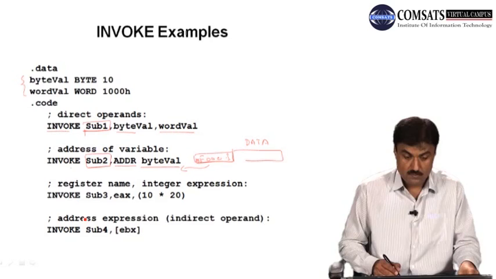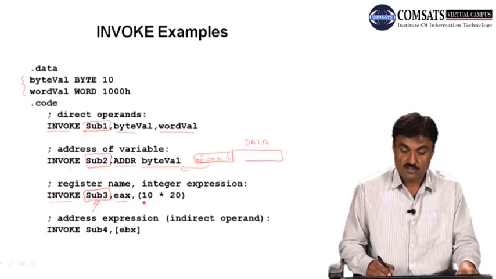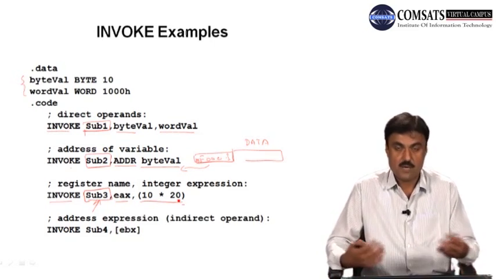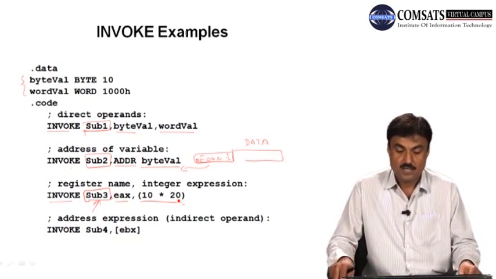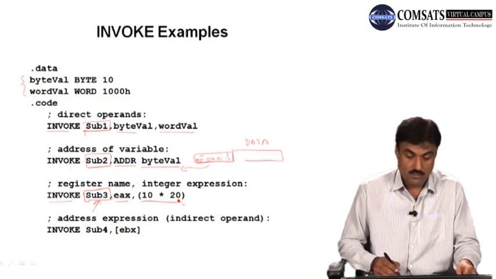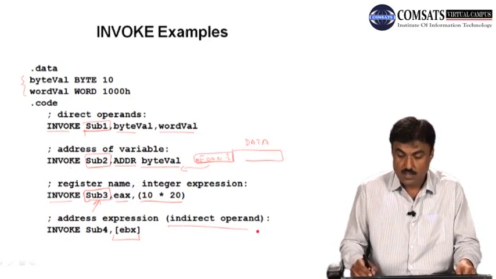Now it's possible to pass a register name and an integer expression also. This is another example. We use INVOKE Sub3, or procedure 3, and EAX is a register name, and this is an expression which will be computed and passed inside the procedure. Then the fourth example is passing an indirect operand.